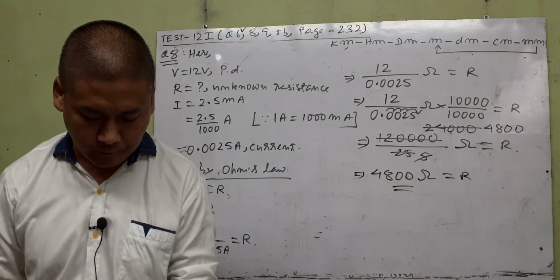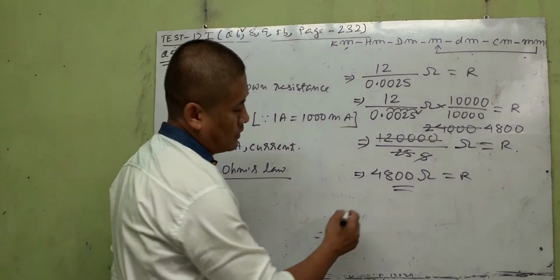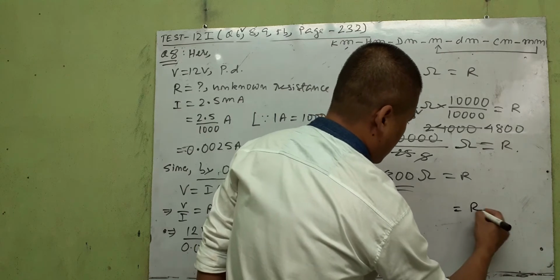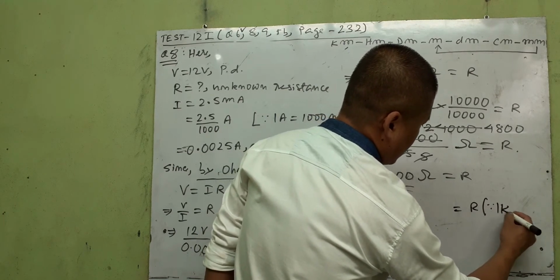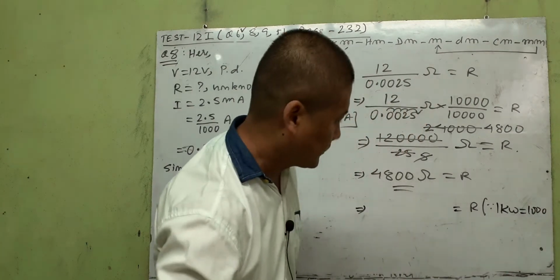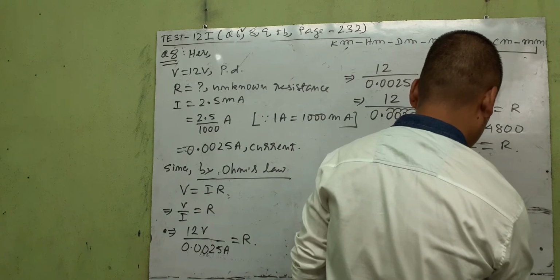I think the textbook has given this in kilo ohms. So if you want to change here, we know that the word kilo means 1000, so 1 kilo ohms is equal to 1000 ohms.